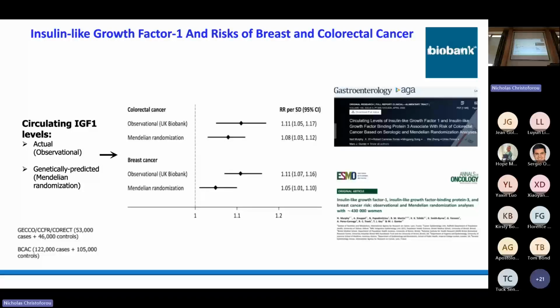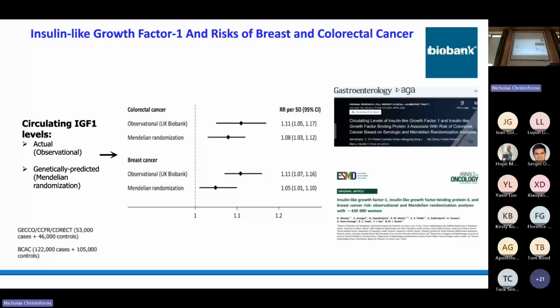So we knew from an experimental standpoint that IGF-1 is likely playing a causal role in colorectal cancer development. But it really took the arrival of UK Biobank, and having IGF-1 measured on 500,000 people, to be able to arrive at more definitive evidence on the role of IGF-1 in relation to different cancer endpoints.